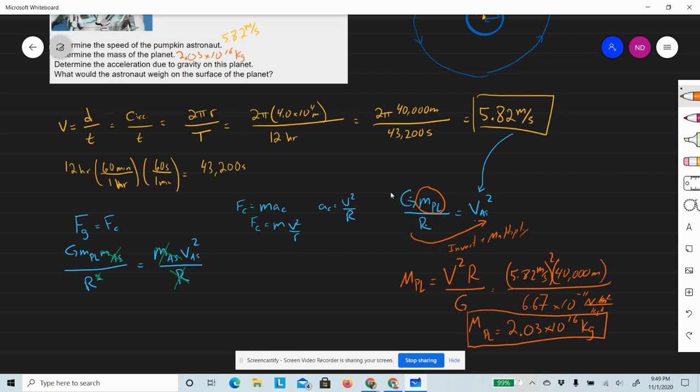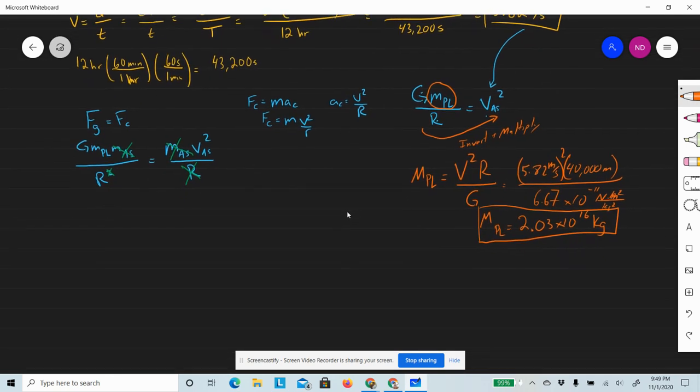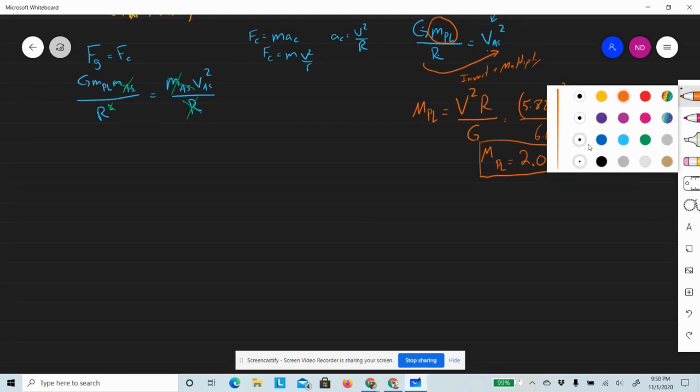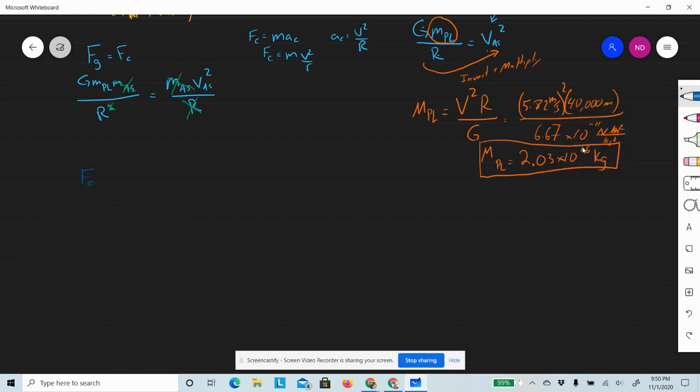All right. Then the acceleration due to gravity on that planet. The gravitational force is G, M planet, M object, divided by the radius of the planet squared.